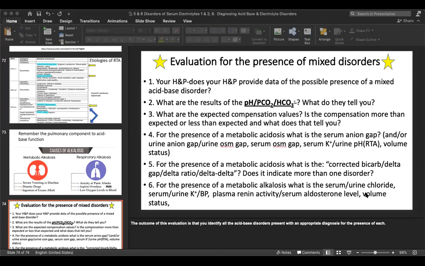So I'm doing this to show you that even if we don't have a pH, CO2, or bicarb, we can still answer this question. So what is a high lactic acid? Okay, so lactic acidosis is going to go with our HAGMA.